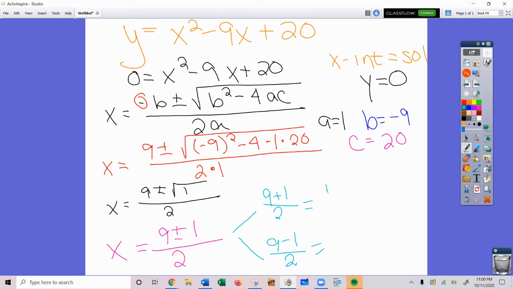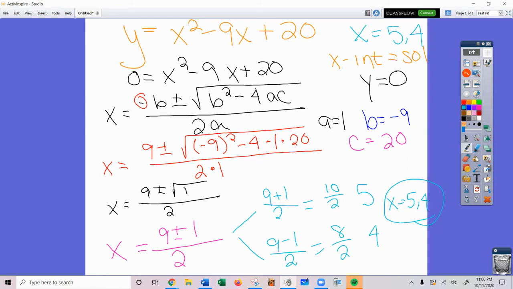Well, when we calculate these, we get 10 over 2, which is 5, and 8 over 2, which is 4. So we should have picked answers of 5 and 4. Now, these values are our solutions, but solutions are the same thing as x-intercepts. So when it's asking us to find the x-intercepts, we would say x equals 5 and 4.